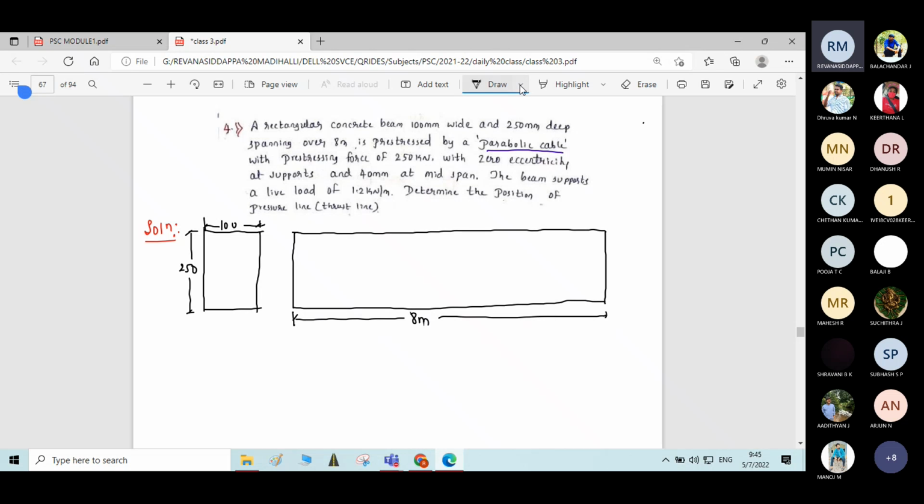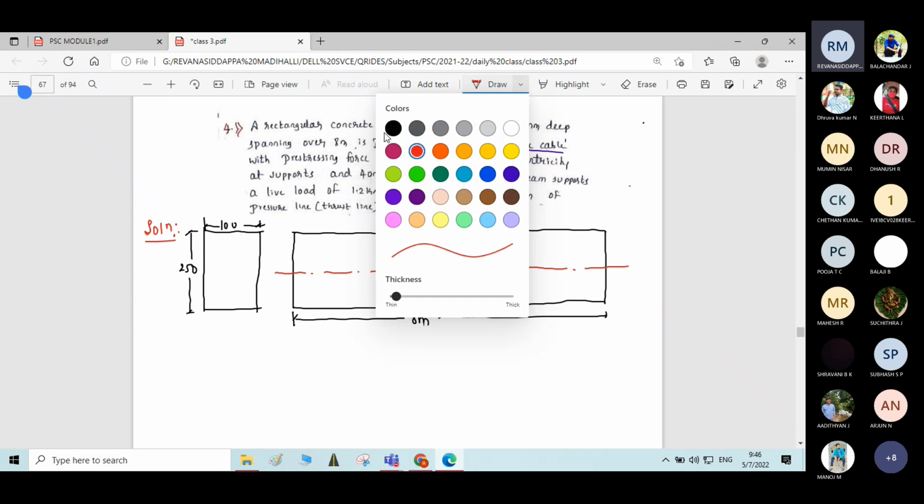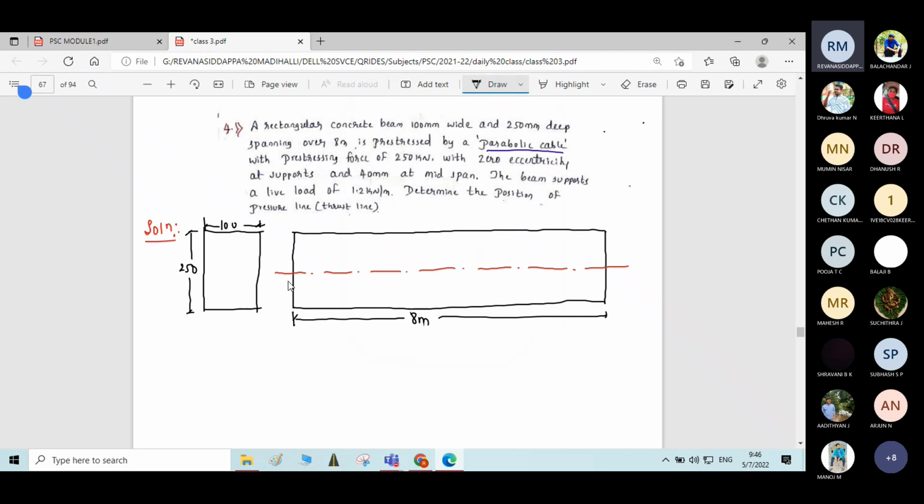Write the centroidal axis. The beam is prestressed by a parabolic cable with prestressing force of 250 kilonewton with zero eccentricity at support, 40 mm at the mid span. We have to write the parabolic cable with zero eccentricity at the support and 40 mm at the mid span.